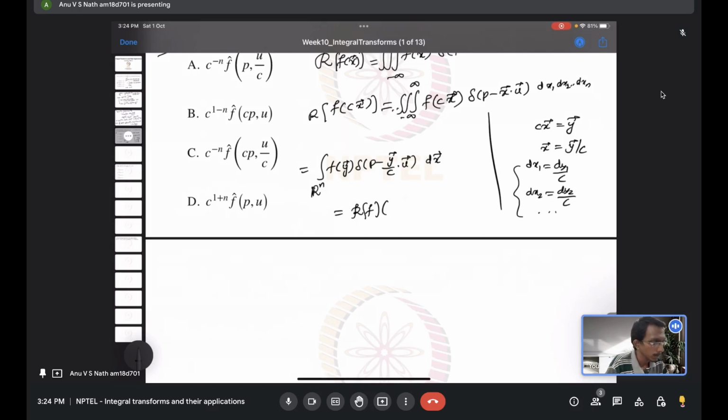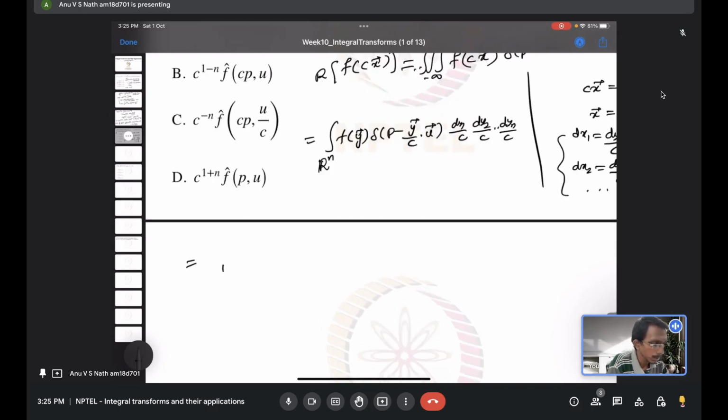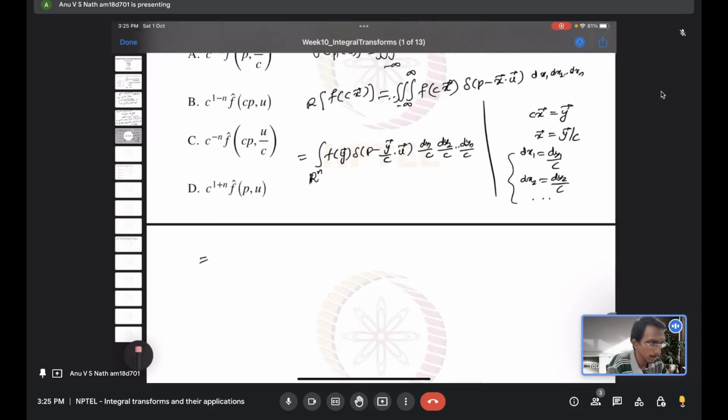One thing I forgot to say: dx should be replaced in terms of dy. So dx1 I should replace as dy1 by c, and then dy2 by c, etc., dyn by c. So there will be n such c's multiplying in the denominator. I can take them outside because they are constants.